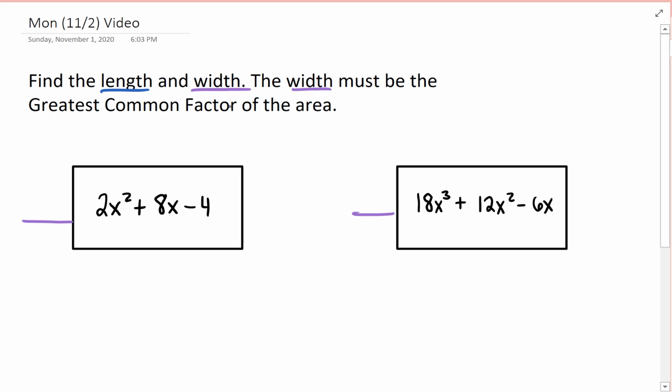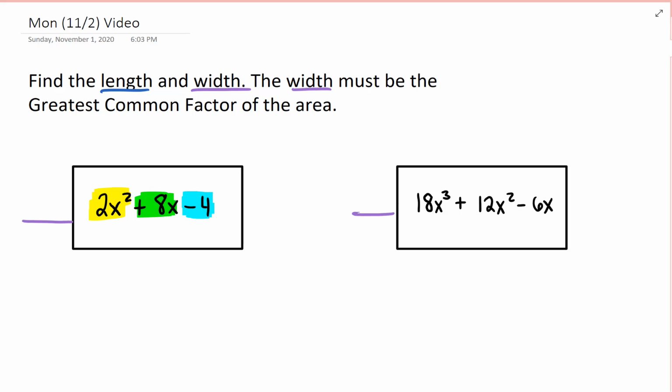Find the length and width. The width must be the greatest common factor of the area. All right, we have polynomials here, so just know that if x is in common with each of the terms in your area, then that will need to be a part of your GCF. The area is made up of 3 terms: a positive 2x squared, a positive 8x, and a negative 4.